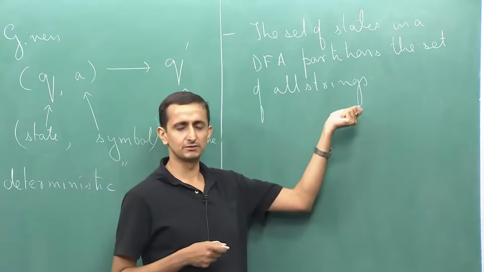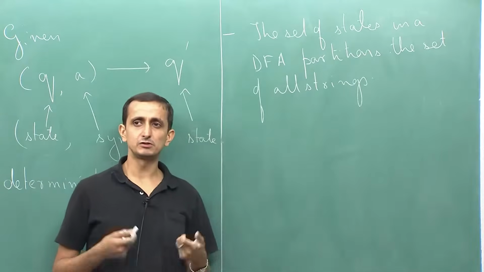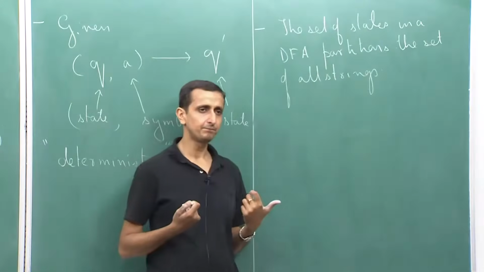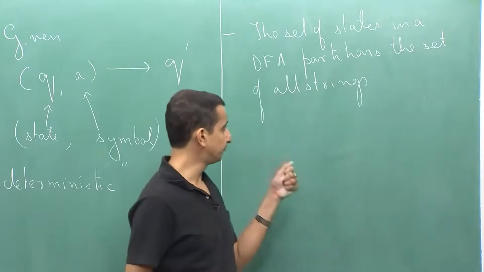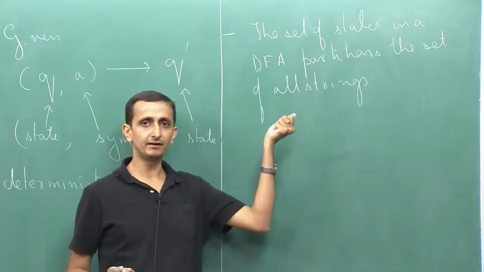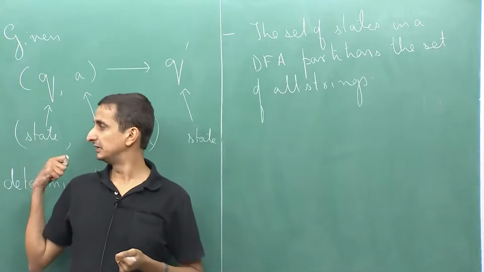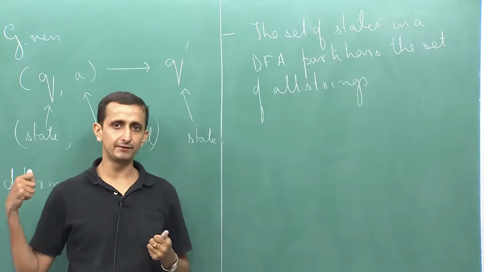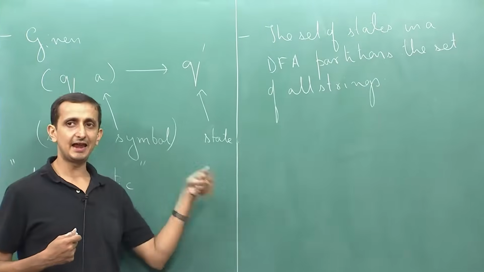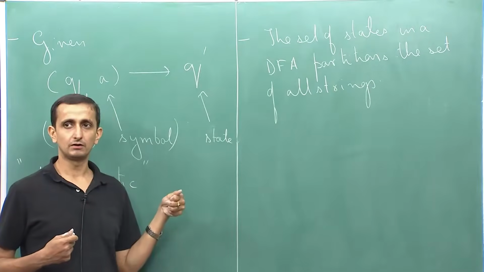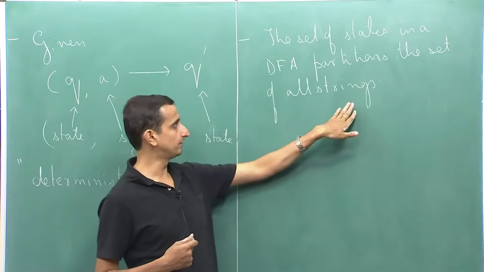and you feed the string to the DFA, then because of this deterministic property of the DFA, there will be a unique state that you will end up at. Okay. And this happens basically for all strings.